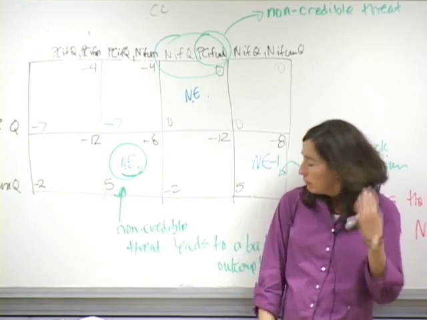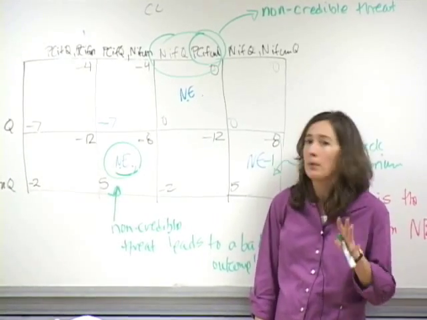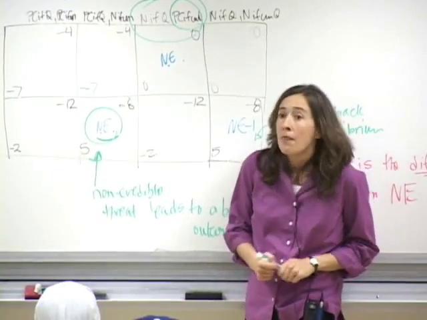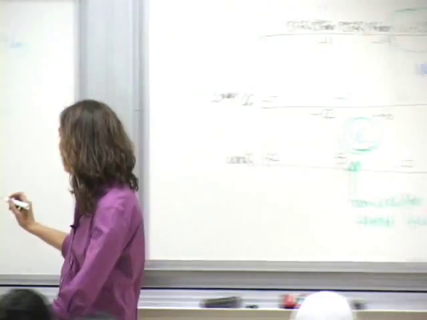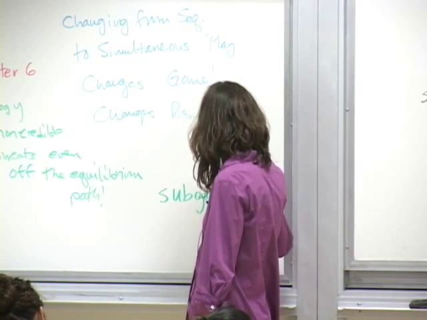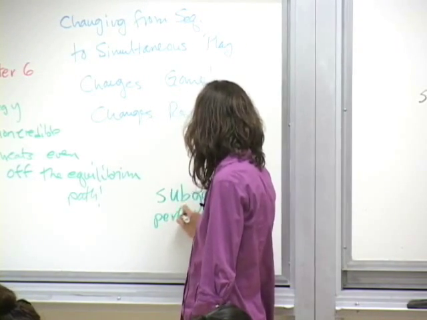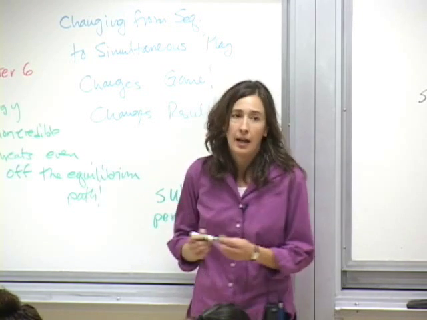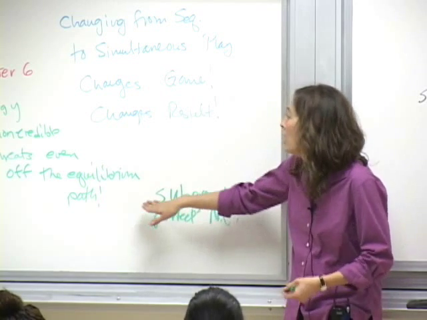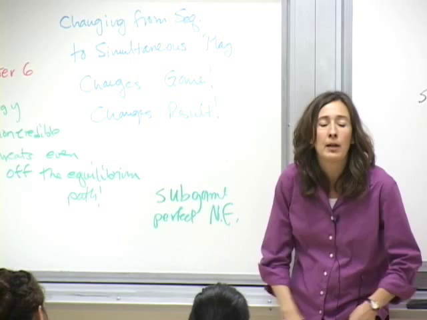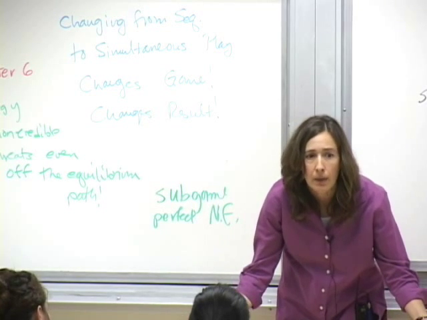Okay? Last thing, just some language that I will use that won't take long. The more technical name for rollback is that it's a subgame perfect Nash equilibrium. Okay? And I just want to emphasize that the rollback equilibrium, the subgame perfect equilibrium, is a subset of the Nash equilibrium.